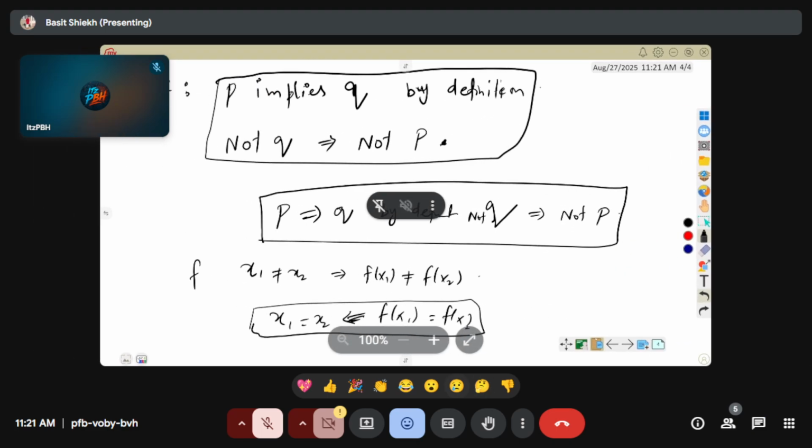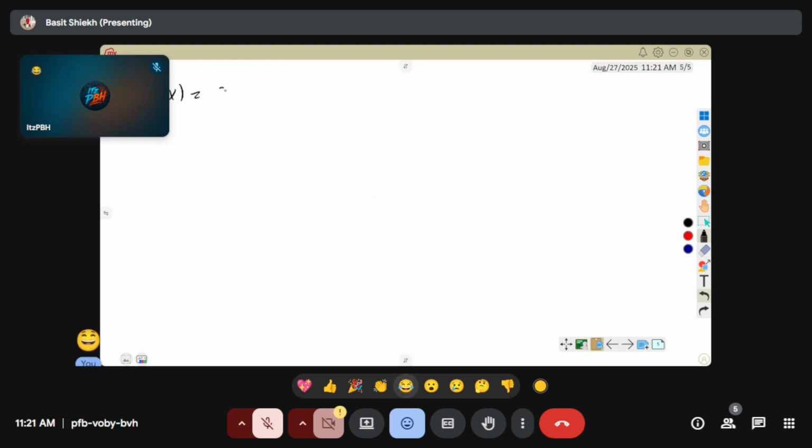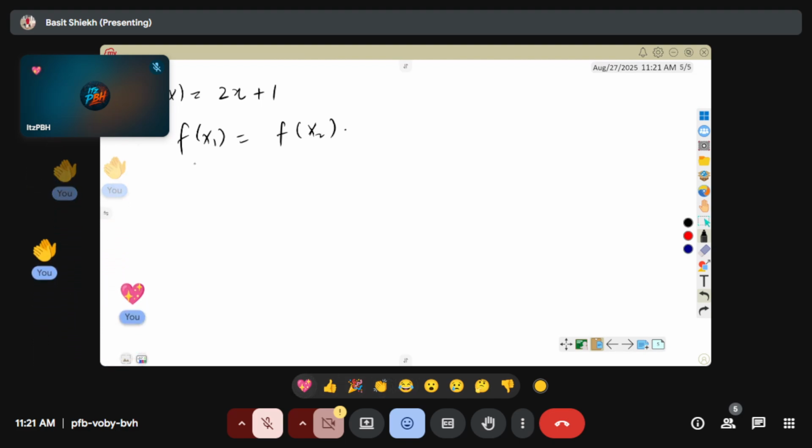So our function was f of x equals 2x plus 1. Consider f of x1 equals f of x2. We are taking arbitrary x1 and x2.